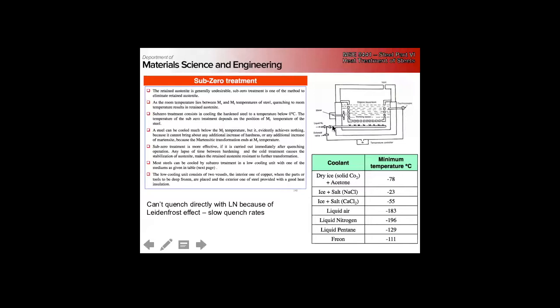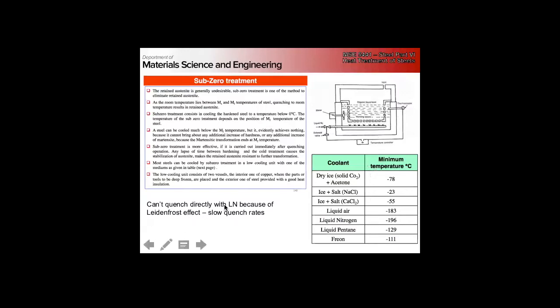So this is expensive, right? And typically we don't quench with liquid nitrogen directly, because it's never actually in contact with the surface. Here, we've got a nice liquid quenching medium in contact with the part that doesn't boil off.